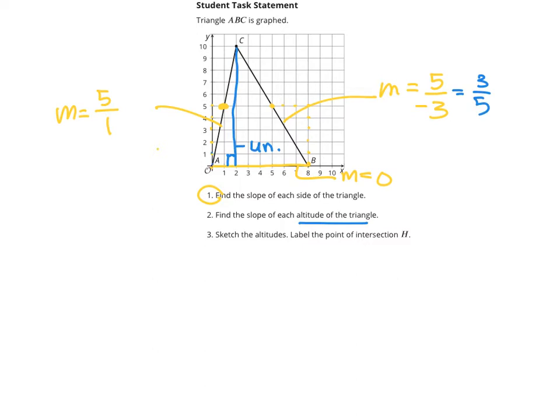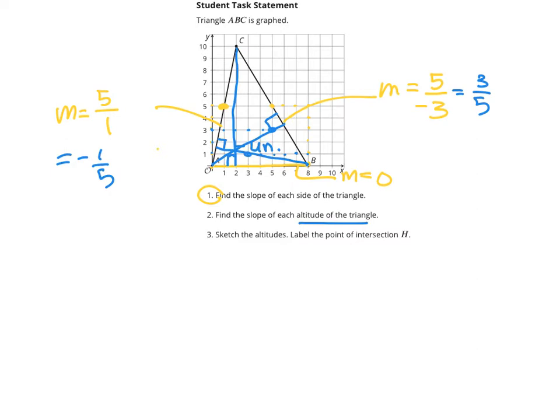So I'm going to count 1, 2, 3, 1, 2, 3, 4, 5. And this slope is going to be -1/5. So if I start at the vertex, I go rise of 1, run of 1, 2, 3, 4, 5. And that is my perpendicular slope.